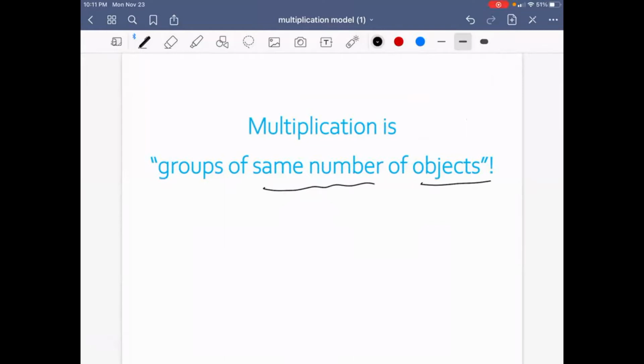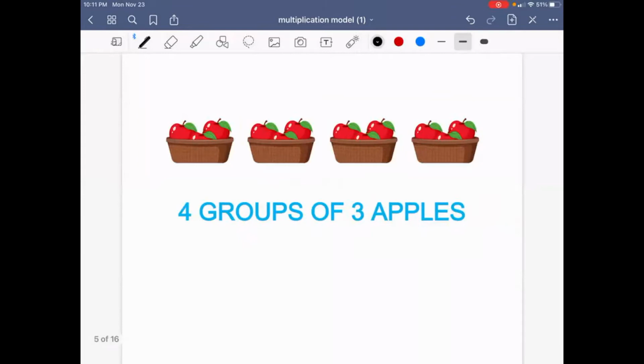So if we go back to the first question, it's basically 4 groups of 3 apples, which means that there's 3 apples in each group, and the group can also be baskets in this case. So there's 3 apples in each basket, and there's 4 of these baskets.